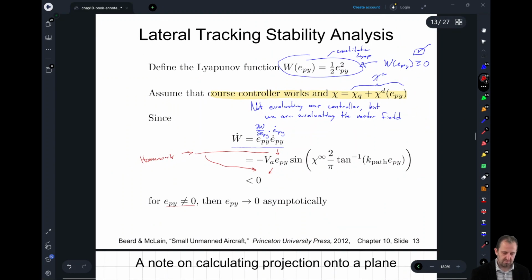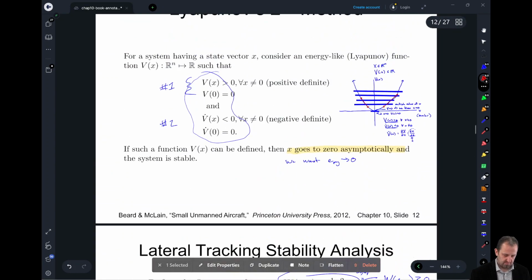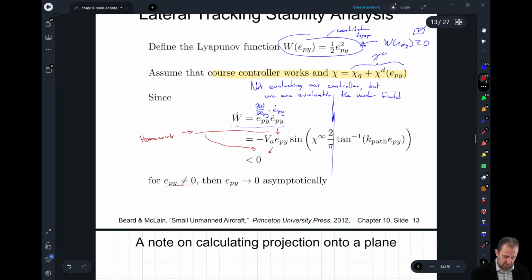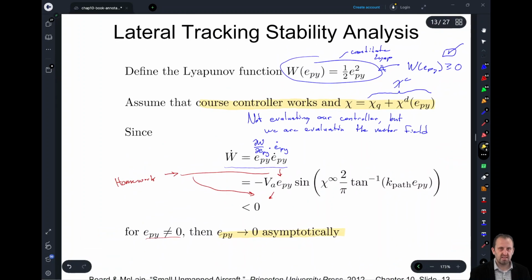If we were to go back up, it satisfies that second condition, and we'll come down here. And so we have the result that e_py goes to 0 asymptotically. So that ends our lateral tracking stability analysis. We know that if we're able to follow that course command, we will then go to the line.